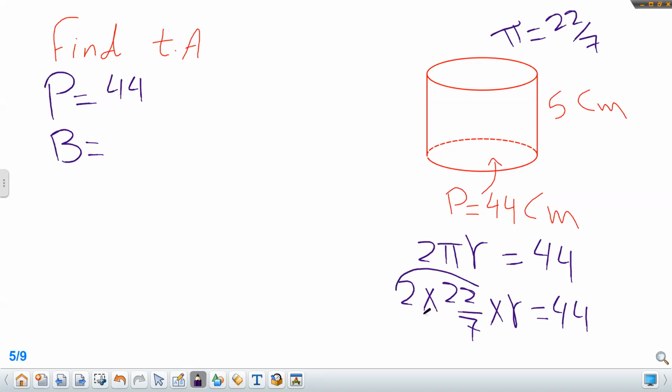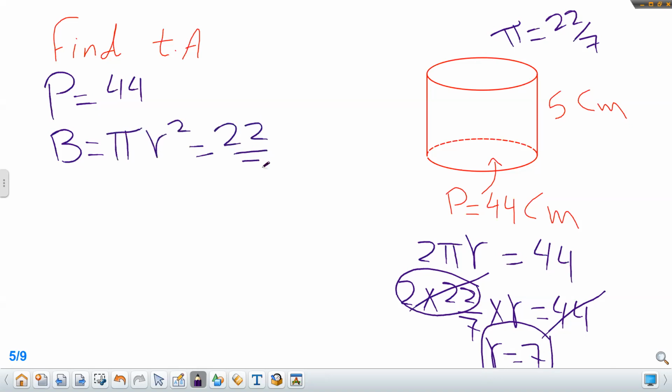Here 44 and here 44, you can cancel them. And cross multiplication, then radius equals 7. How to find base area? Pi r squared equals 22 over 7 times 7 squared. It will be 154. This is the area of the base.